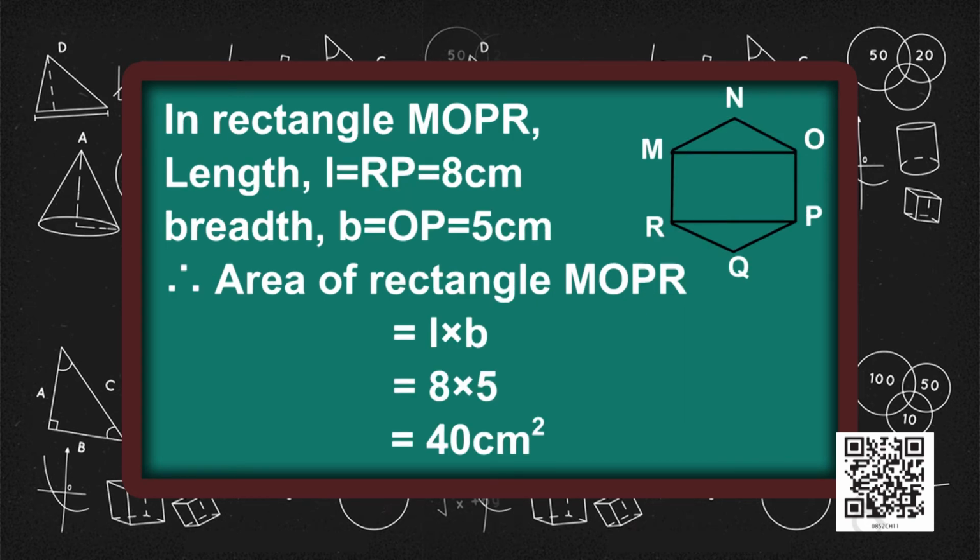Now, for the rectangle MOPR, length L, that is equal to RP, is 8 centimeter and breadth B, that is OP, is 5 centimeter. Therefore, the area of the rectangle MOPR is equal to L into B, which is equal to 8 into 5, which is equal to 40 centimeter square.